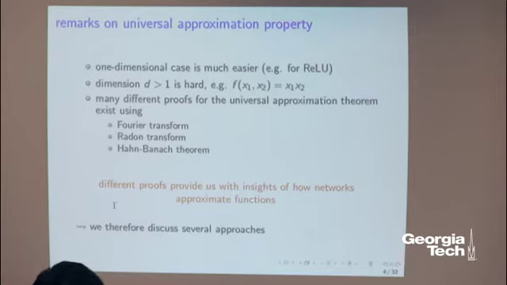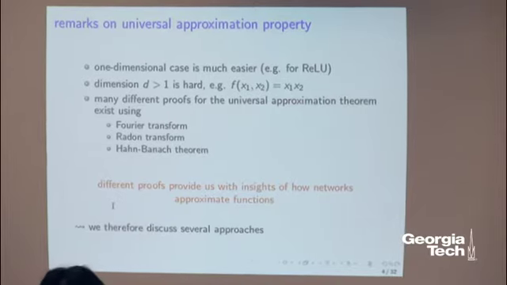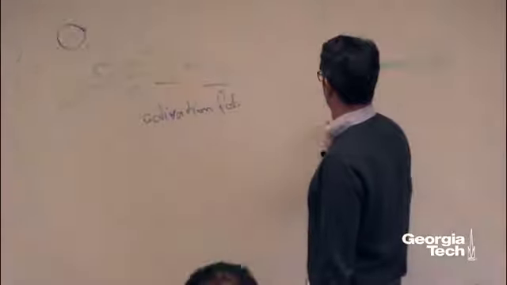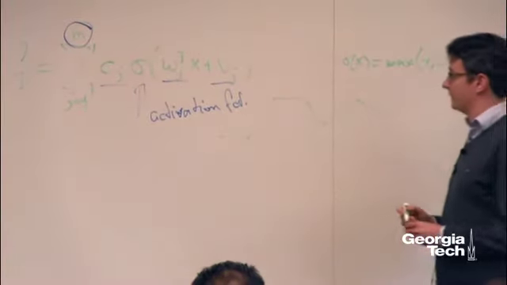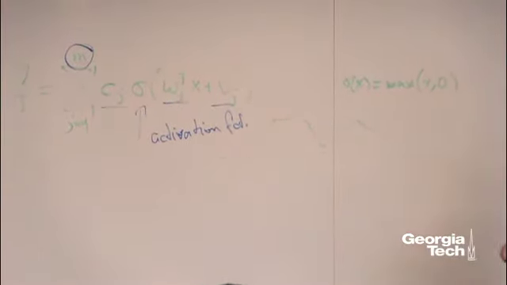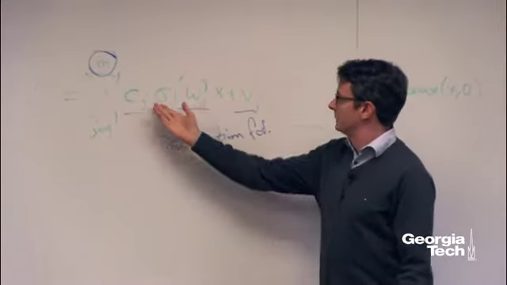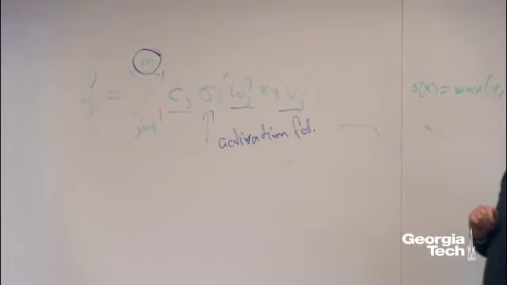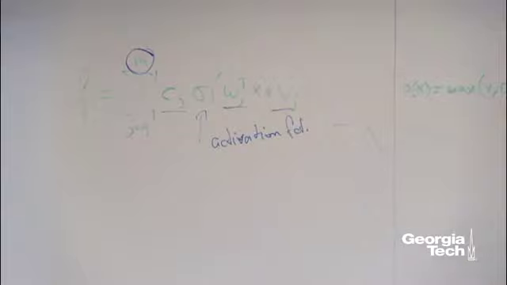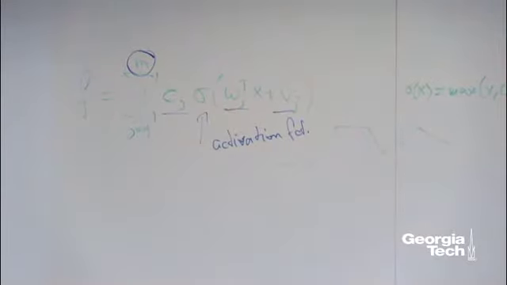If you take, for instance, sigma to be the ReLU function, the maximum of x and 0, right? You see that in one dimension you just get piecewise linear functions. And so all you have to study is whether you can, with piecewise linear functions, approximate any continuous function, which is obviously true. So the one-dimensional case is much easier.